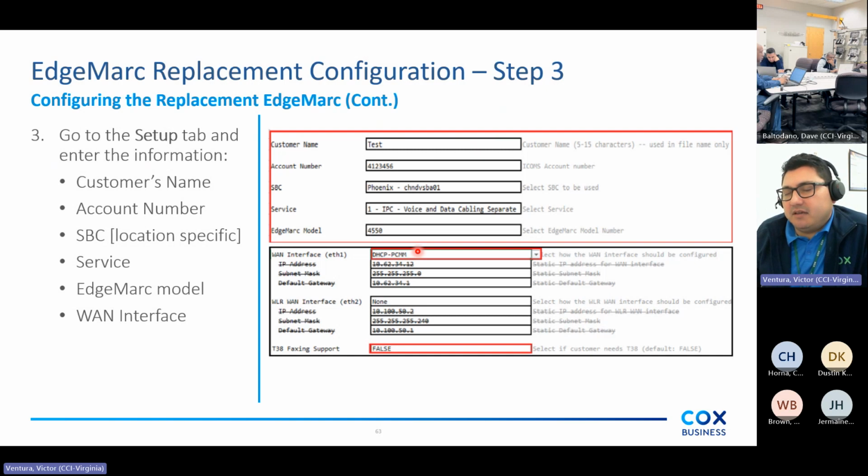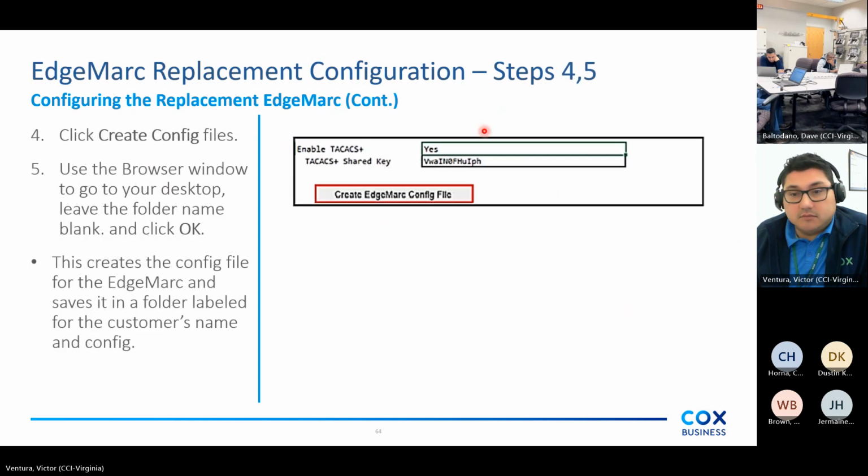That's probably going to be a BTT2 role. But we want to make you aware that this is where we make the change for the WAN connection. Under the enable packets and share key, do not change anything, just leave it to default. And the last step is to click where it says generate HMark config file.